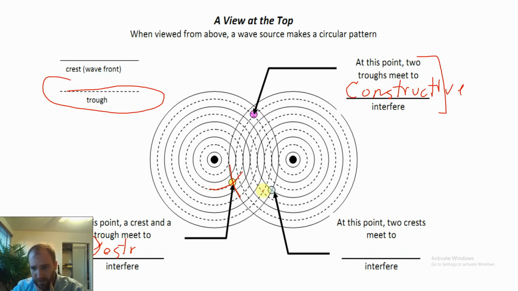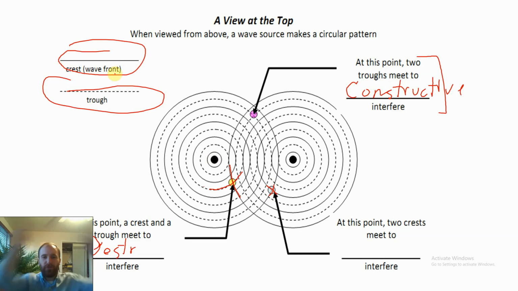Alright, let's do here. The two crests meet, because again, a solid line meets a solid line, and I told you that the solid line is the crest, or the top of a wave. Two positives, or two crests of a wave, will make an even bigger positive, an even bigger crest, which sounds to me like constructive interference.